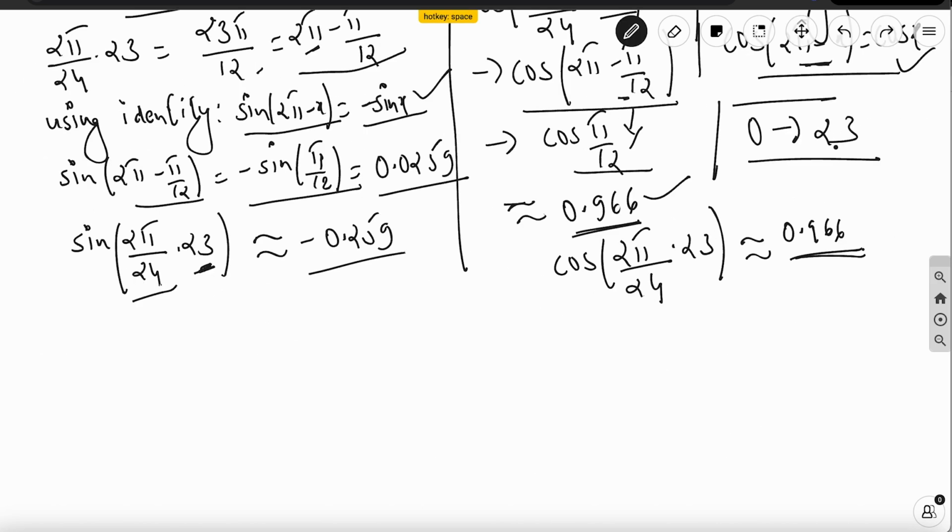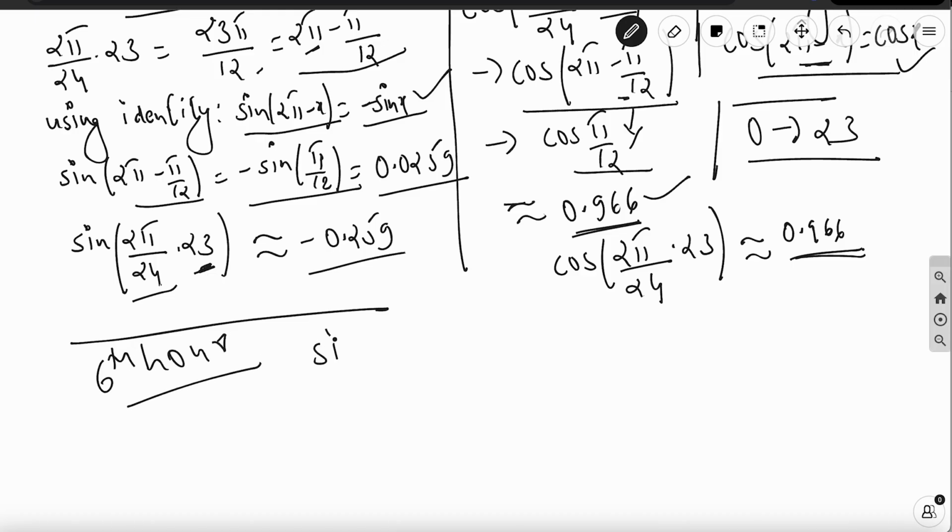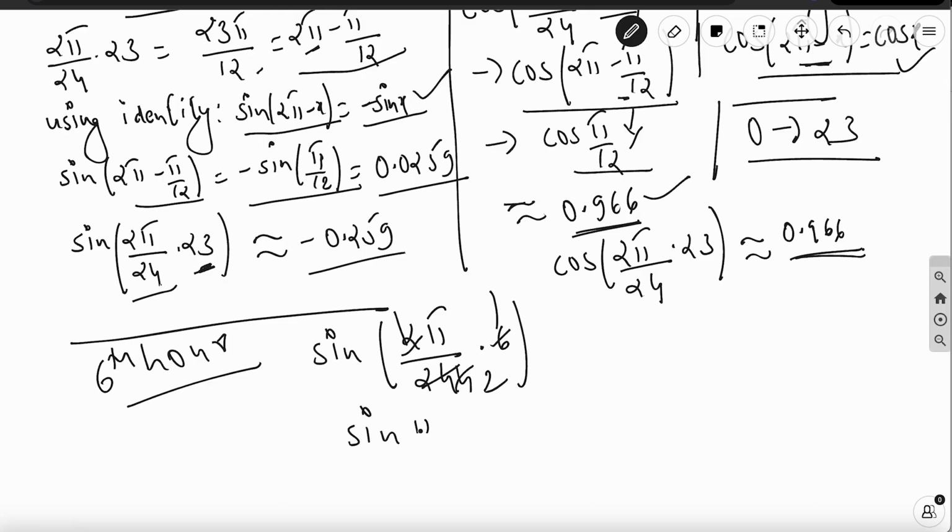Now let's calculate for the sixth hour. Sine of 2 pi upon 24 into 6 comes down to sine of pi by 2, and similarly cos of pi by 2. So sine 90 is 1 and cos 90 is 0.